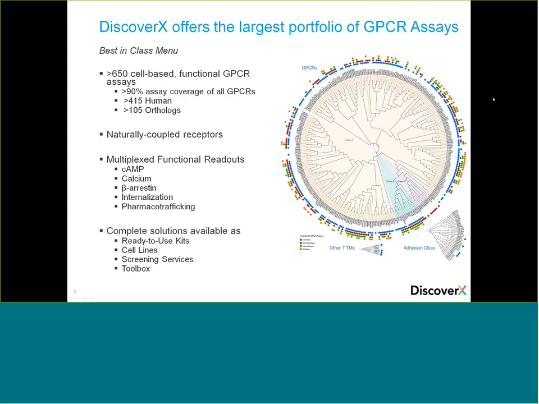These assays are available as stable clonal cell lines or complete ready-to-use kits optimized for small molecules or biologics. These assays are also offered as a part of GPCR screening and profiling services. You can also create your own assays in any dividing mammalian cells using our toolbox products. These include vectors, retroviruses, and parental cells with beta-arrestin internalization and trafficking as functional readouts to analyze GPCR variants, orthologs, etc. This toolbox approach was used to develop the beta-arrestin recruitment functional assay to study the E4M splice variants that Dr. Pasternak will discuss today.